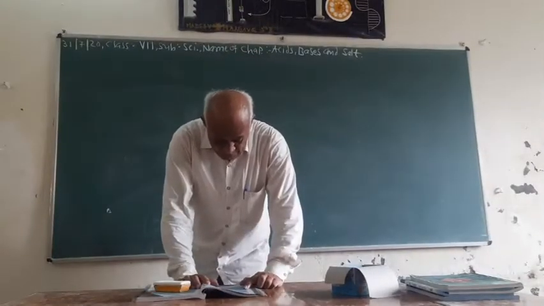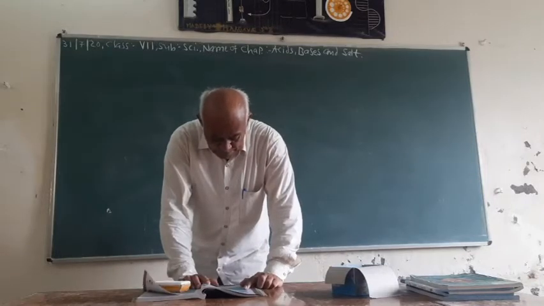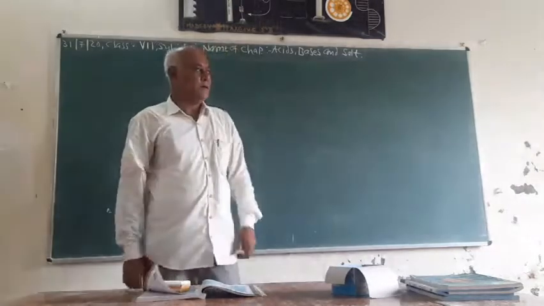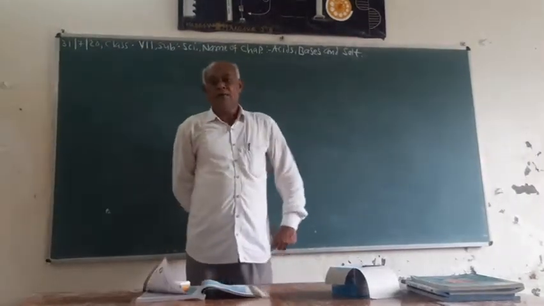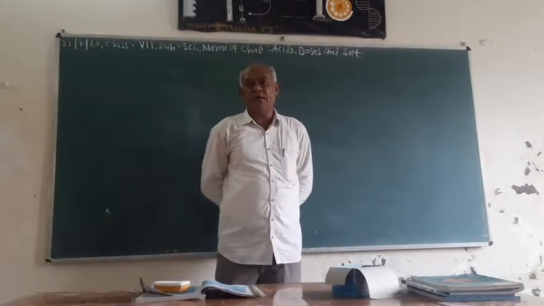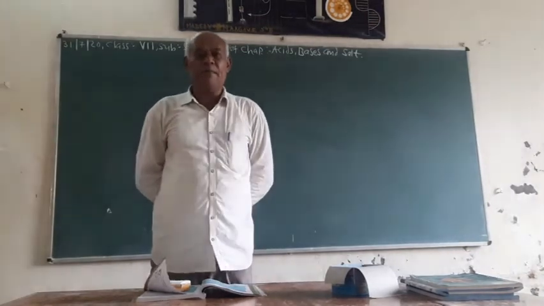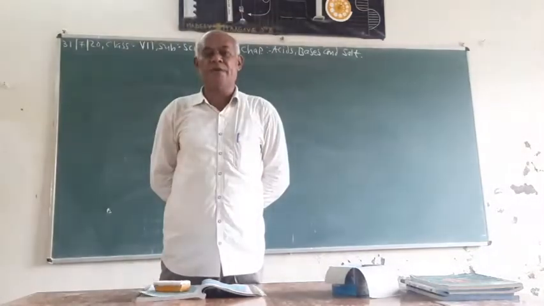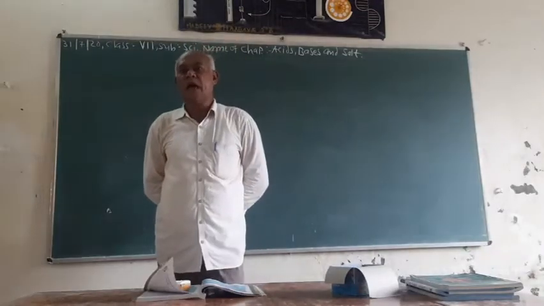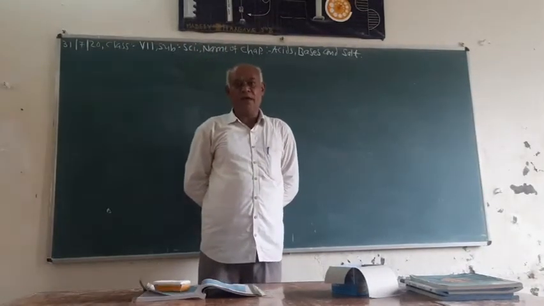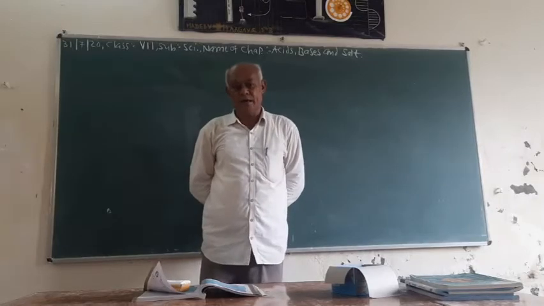Now, question number 5. Describe the process of neutralization with the help of an example. In the last period, we described the process of neutralization. Neutralization is a reaction between an acid and base to produce salt and water with evolution of heat.